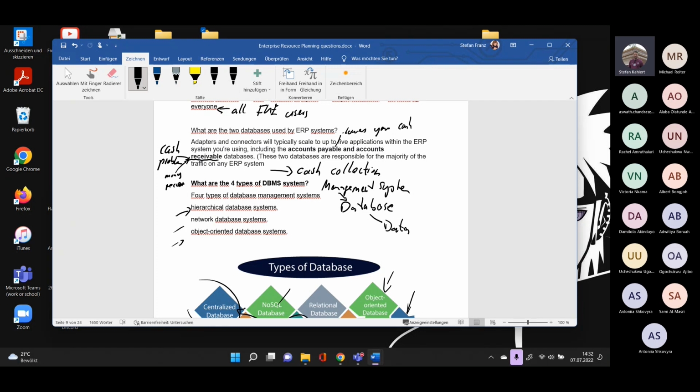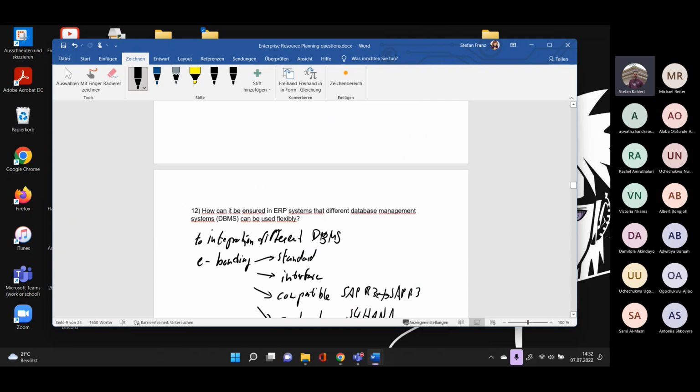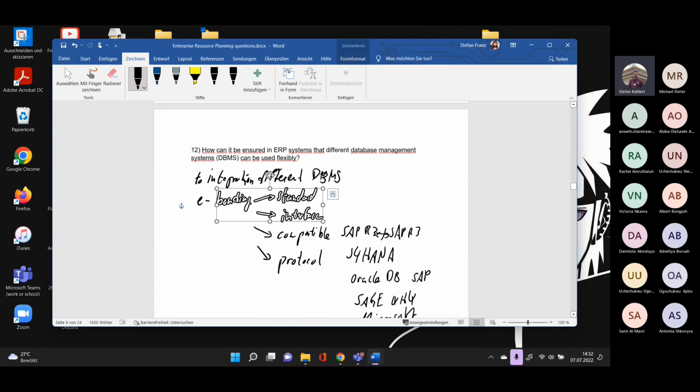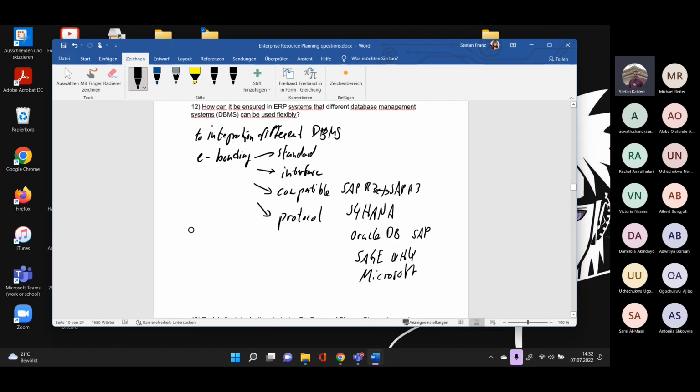Often it's both. If you have a database, you have a database management system on top. But the database management system also needs to have the same standards and protocols. It needs to be compatible, because the different vendors of ERP software all have their own applications and software to manage the data of a database.